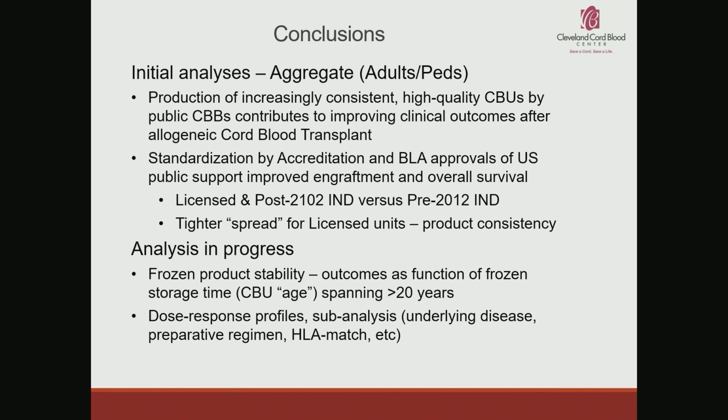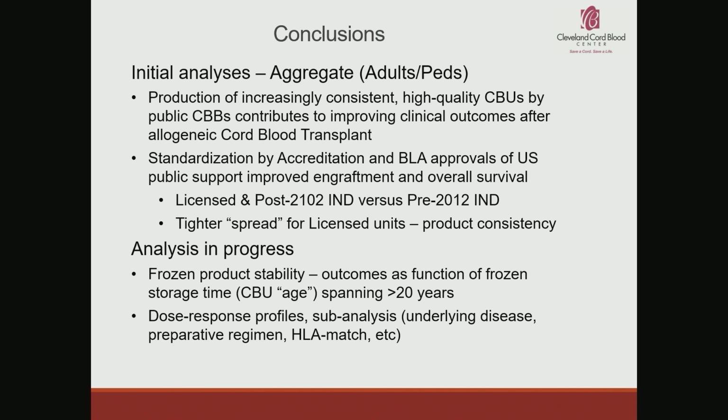It has taken a lot of investment in getting licensure for these 8 organizations, and it's good to see that it contributes to overall improved outcomes. We will still be looking at additional analysis, so frozen product stability outcomes as a function of storage age, CBU age or storage time, and there's clinical outcome information available for units that were older than 20 years.